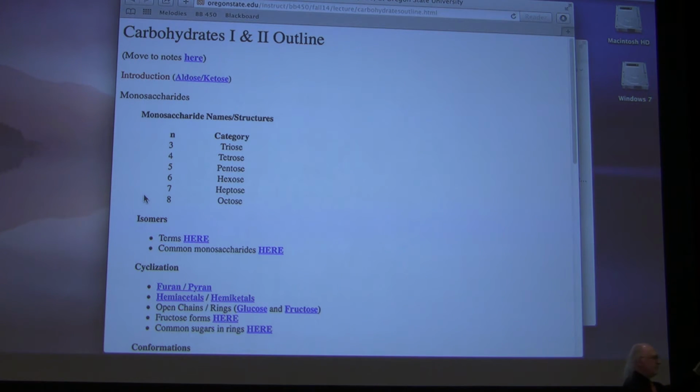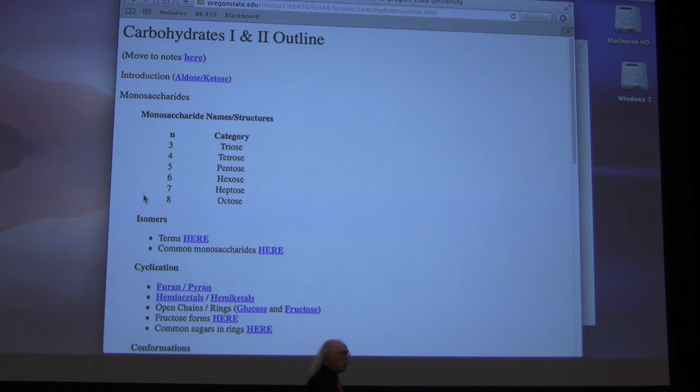This is an individual monosaccharide. So glucose is a good example. Glucose is a monosaccharide that has 6 carbons. It's a little twisted there, but 6 carbons would be referring to something that's a hexose. So glucose is a hexose. If it has 6 carbons, it is a hexose. If it has 5 carbons, it's a pentose, et cetera, et cetera. Okay?